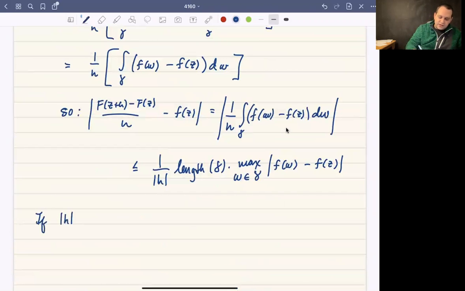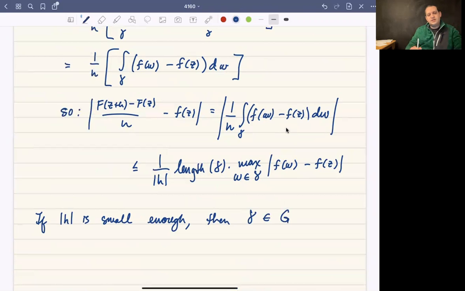If the modulus of h is small enough, then it turns out that gamma will be in G. Because we're talking about a path from z plus h to z, and we're thinking of h going to 0.